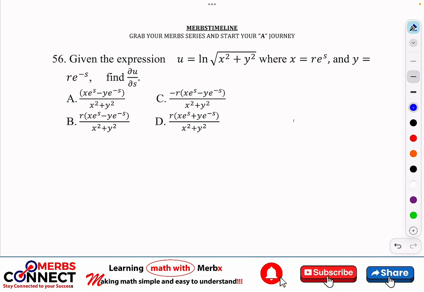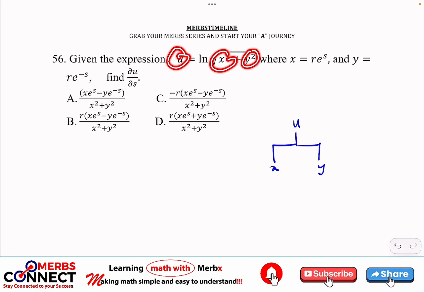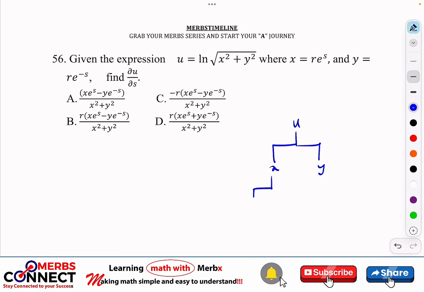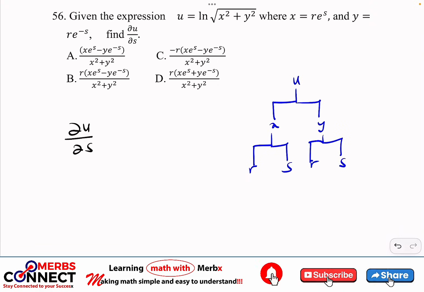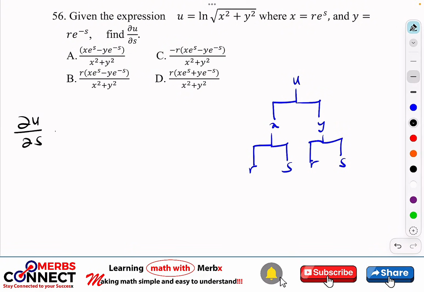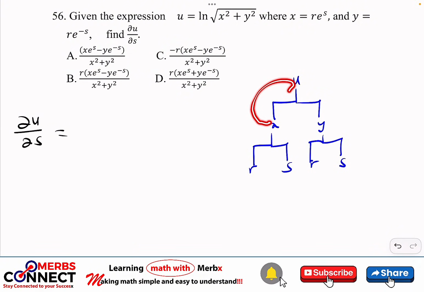So we have u, which depends on x and y. As you can see here, u depends on x and y. And we have x, which depends on r and s, the same thing for y. And we need the partial of u with respect to s. So this is beautiful. Why? Because now I pass on u to x and I go to x.